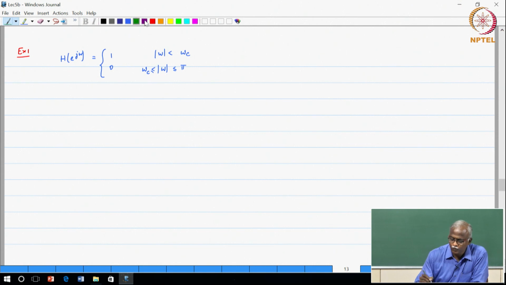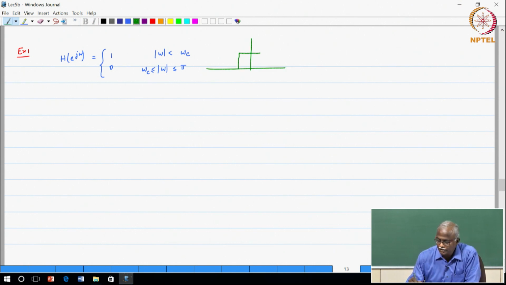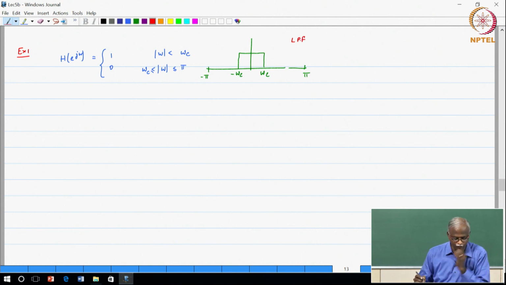So, this would have a frequency response that looks like the figure that we drew, minus omega c to omega c, and then from minus pi to pi it is 0. This would clearly be a low pass filter, passing the low frequencies. Again, it has a copy of the pass band, not at pi, it should be at 2 pi.